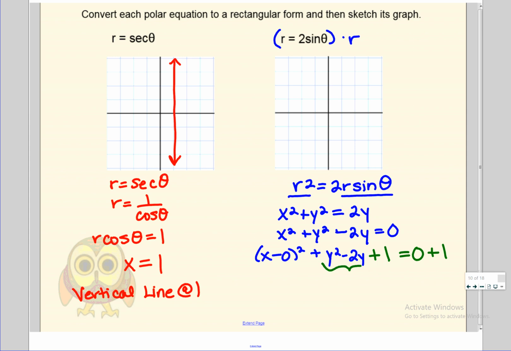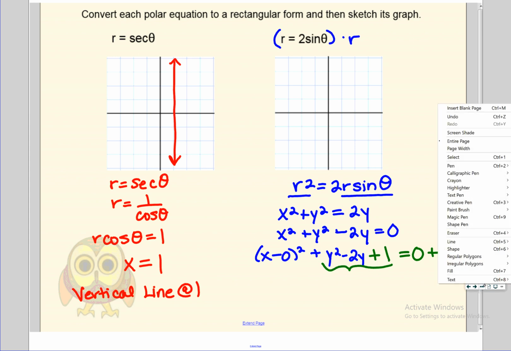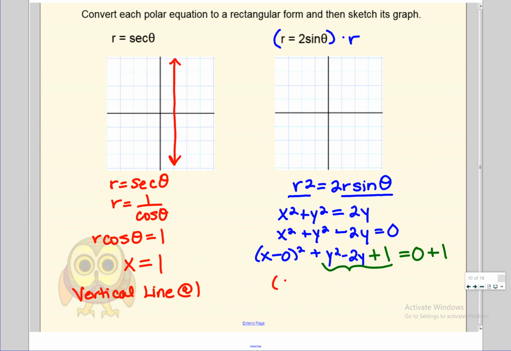Now that y squared minus 2y plus 1 can be factored. What does it factor to? It's y minus 1 squared. The other side's going to be 0 plus 1, which is 1. And now hopefully you see that standard form of a circle. You should be able to tell me now what's the center. 0, 1.